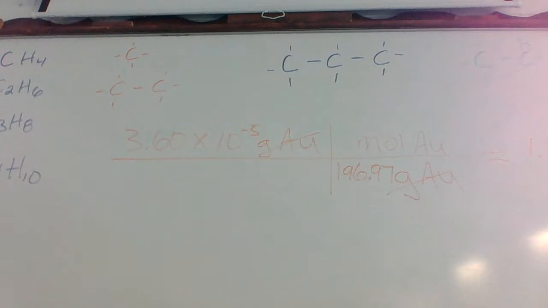Then you just divide by 196, enter. Okay. So it didn't put in scientific notation for you. You got the right answer. It's just written differently.